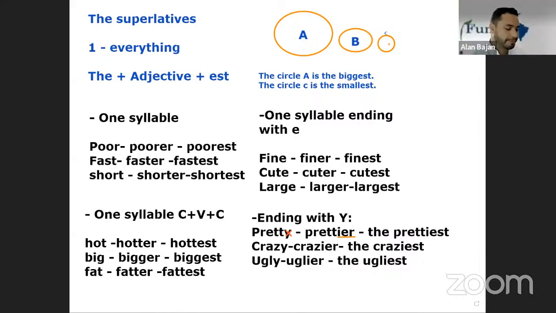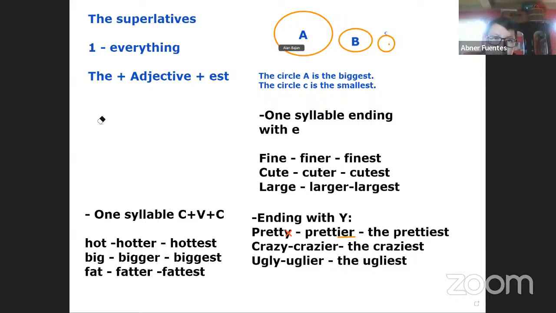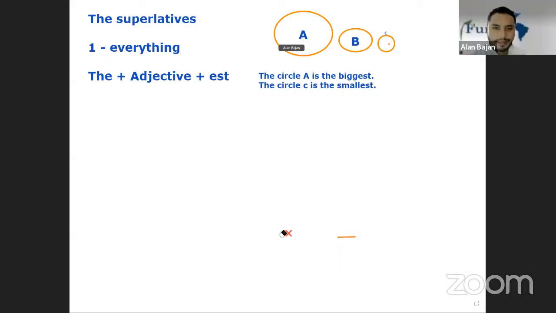Yeah, syllables. Okay. What Abner is saying is the rule I will be explaining with superlatives and comparatives.